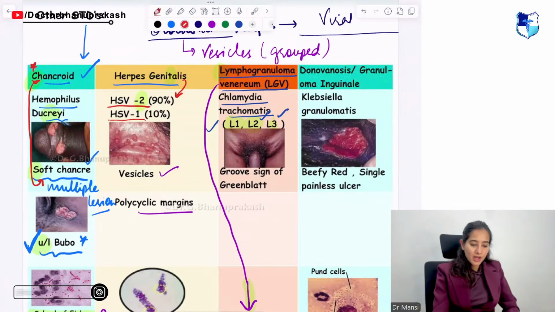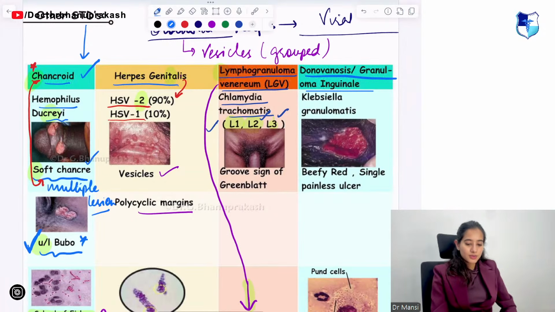Then in the end, you have to also study donovanosis, granuloma inguinale. Okay, so remember, this is caused by Klebsiella granulomatis.